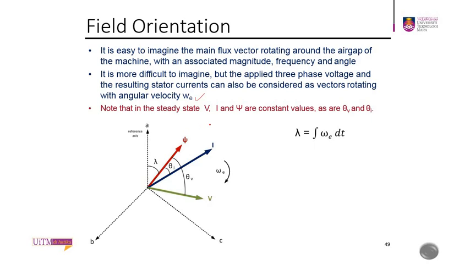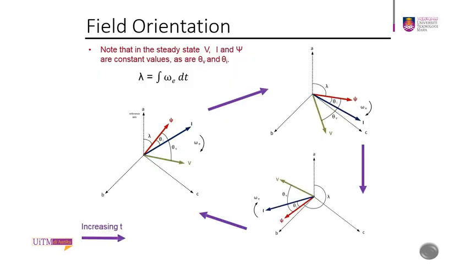So note that the steady state values of the voltage, current, and flux are constant values. For most conditions, the changing of voltage, current, and vector will of course result in the rotating field.